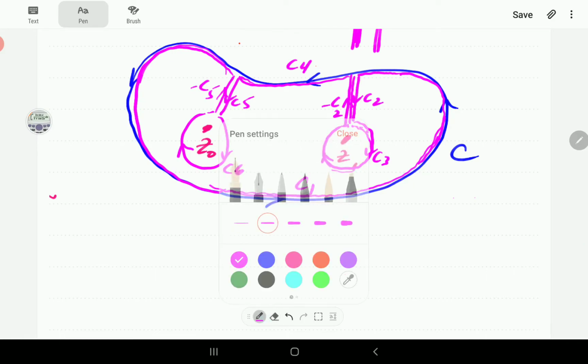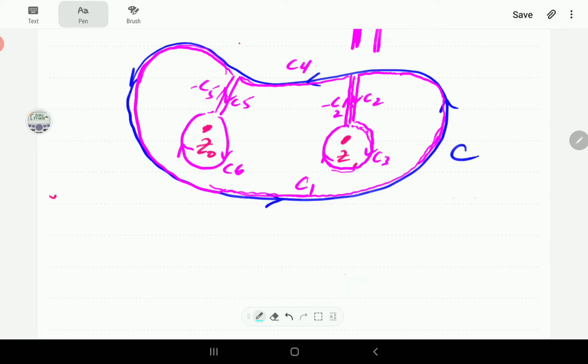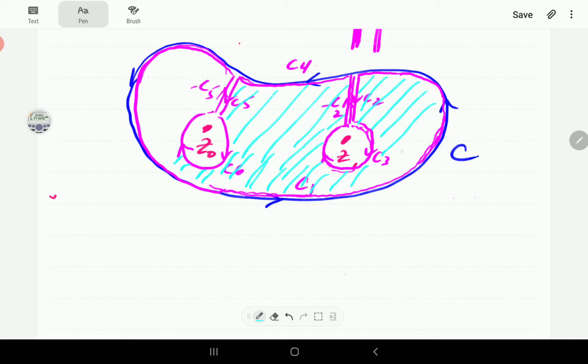So now this purple contour is such that if we shade everything, it's still a simple closed contour, but you're going to notice that it actually closes the singularities out.